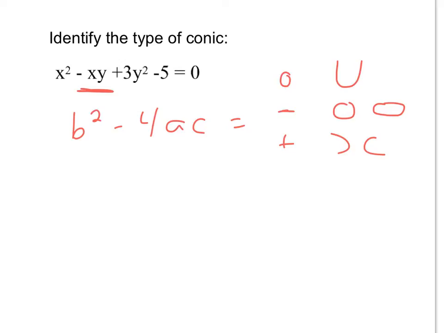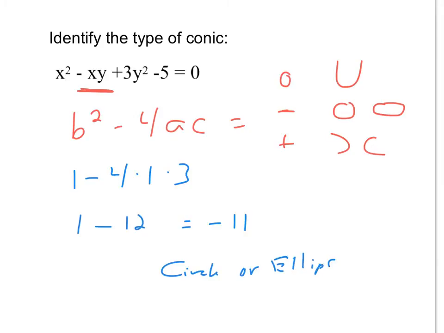B is -1, so -1 squared is 1, minus 4 times A, which is 1, times C, which is 3. It looks like I have 1 minus 12, which of course is equal to -11. So this is either a circle or an ellipse, and probably an ellipse, seeing that we have a 3 and we have a 1.